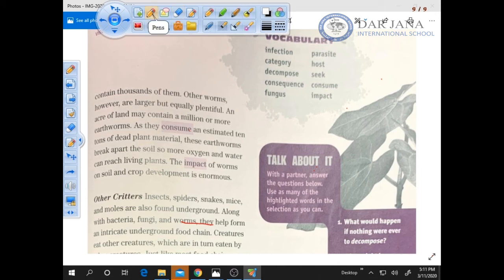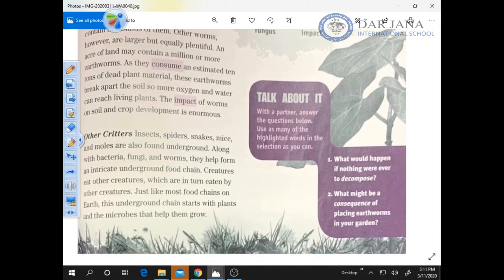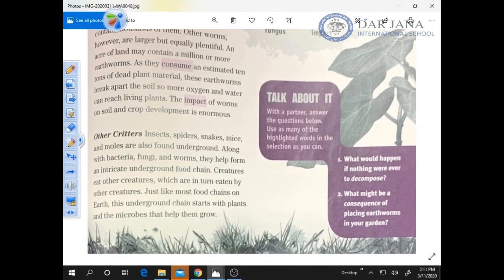So we have here, these earthworms break apart the soil so more oxygen and water can reach living plants. The impact of worms on soil and crop development is enormous. Now, the impact of worms.